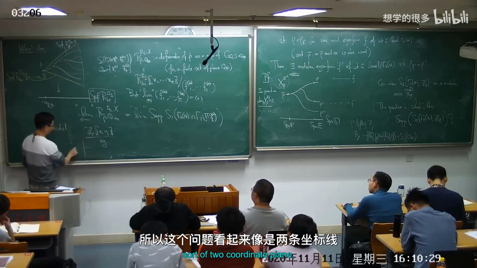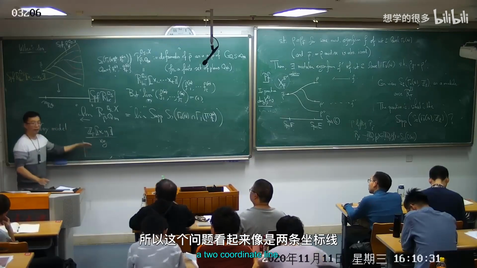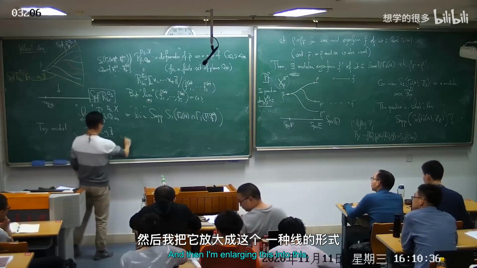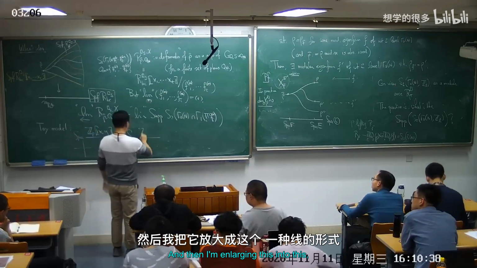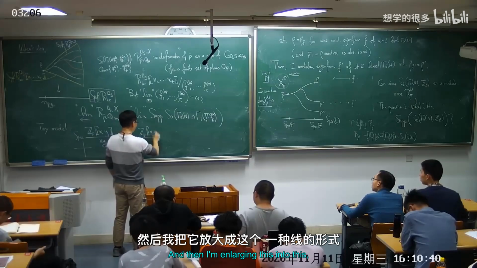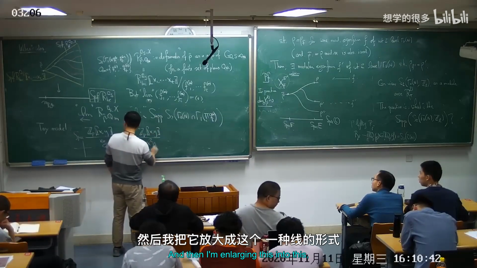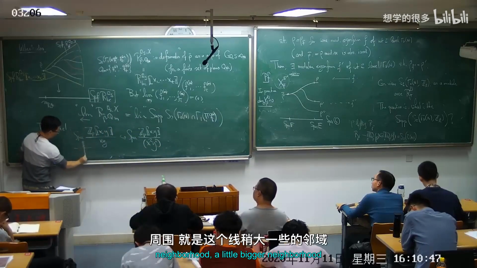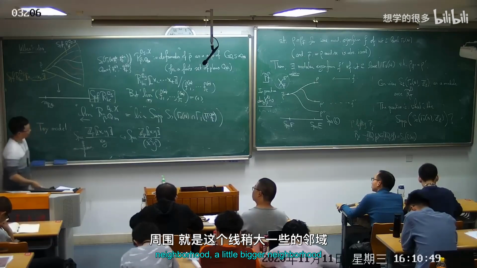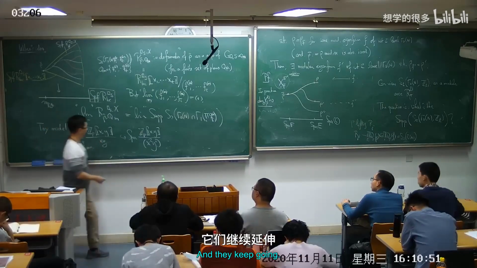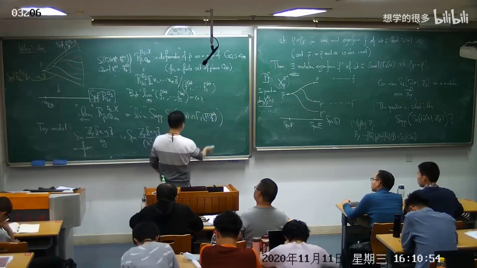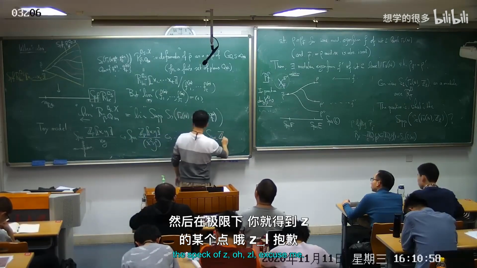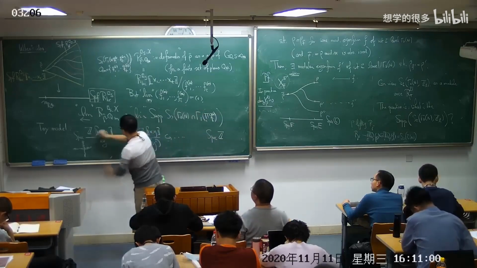So this quotient looks like a two-coordinate plane, a two-coordinate line, and then I'm enlarging this into this, which is some sort of a formal neighborhood, a little bit bigger neighborhood of this line, and then keep going. And then in the limit, you just get Spec Z_l, excuse me.